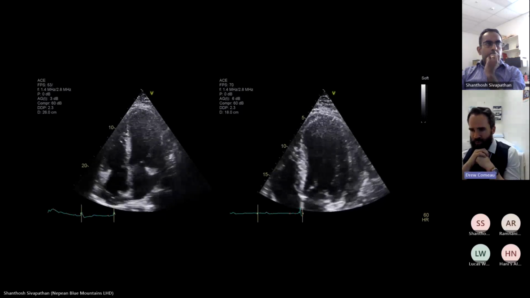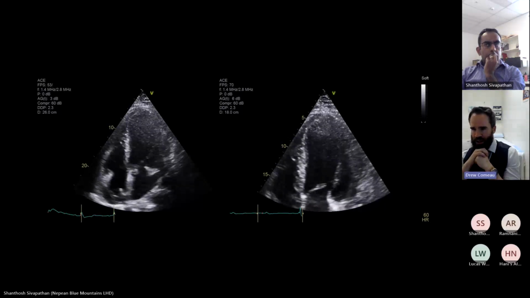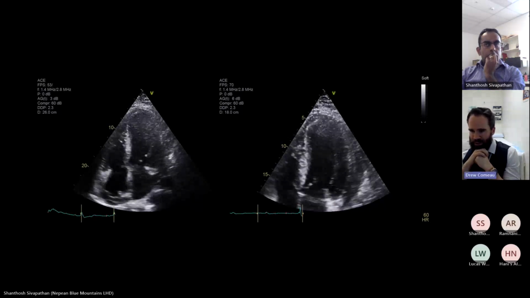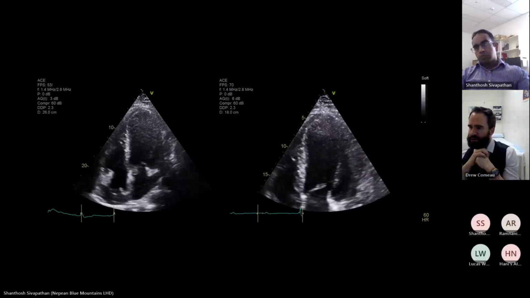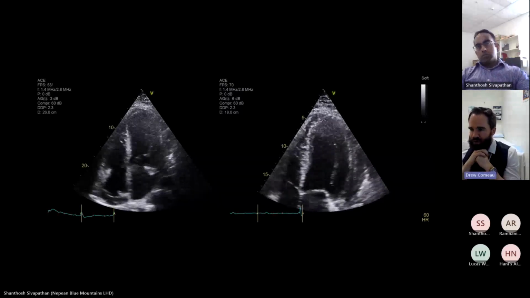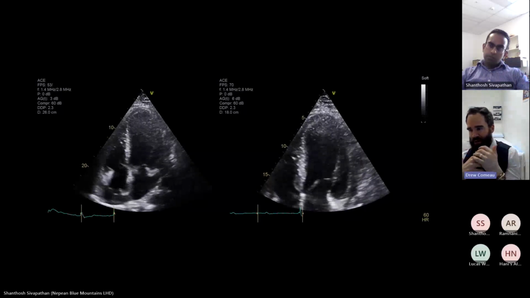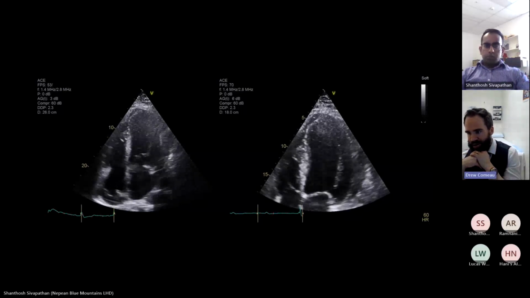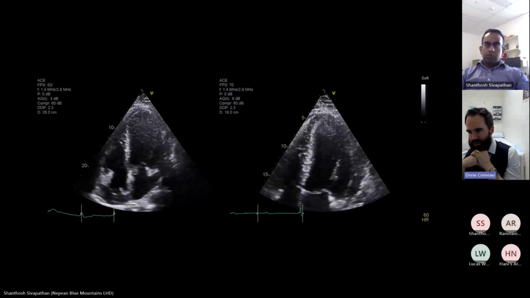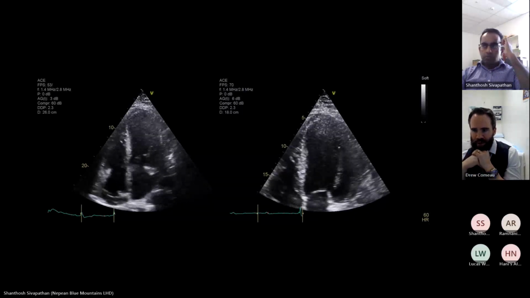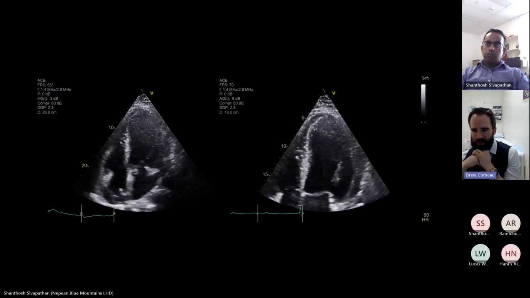Okay, so 4-chamber view, a little bit of lag. What can I tell you? I guess the left, that's better. Left ventricular function is still, keeping in the context, but numerically I think would be mildly reduced, in the 45% range. Still tethering of the valve. Small pericardial effusion again.